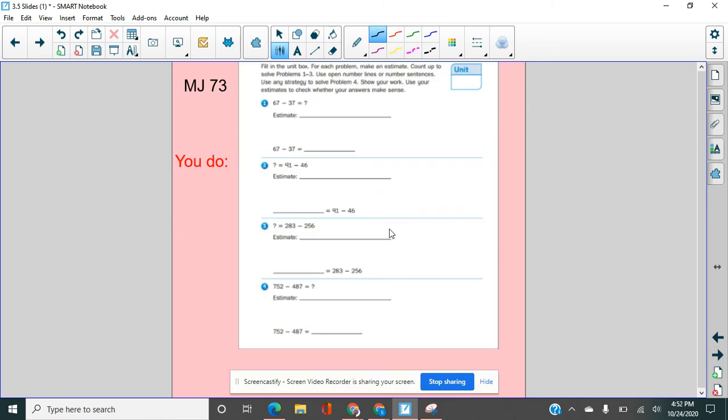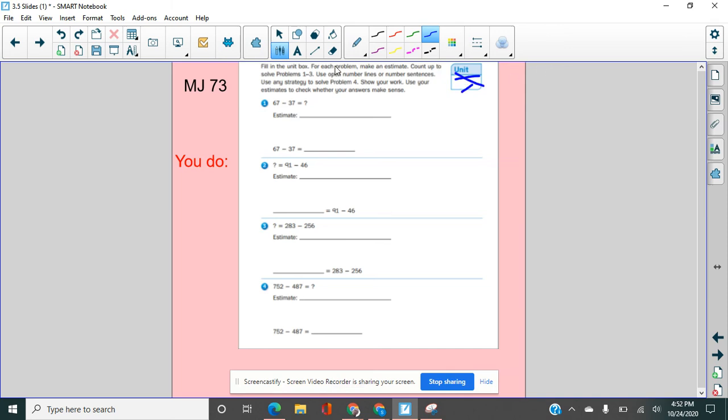All right, this is Math Journal, page number 73. Go ahead and open to that. On Math Journal page 73, now this says fill in the unit box. That would be if I was reading you a problem out loud, but I'm not, okay?